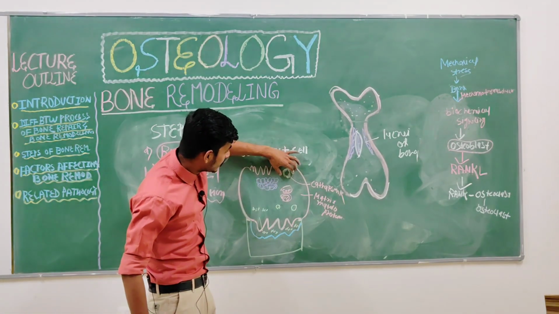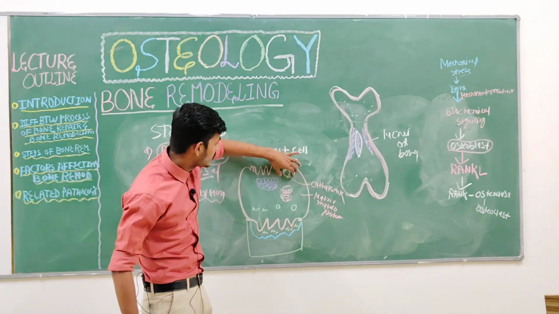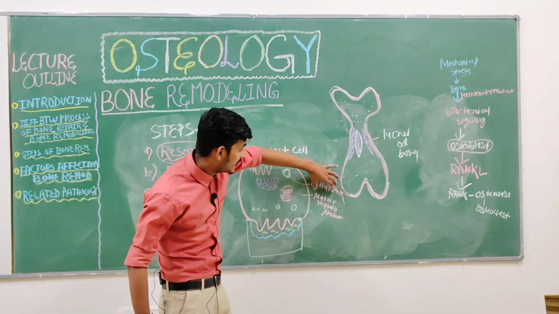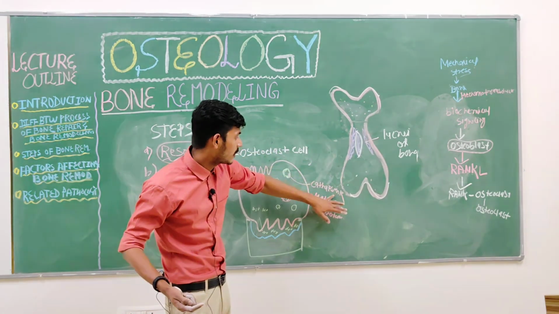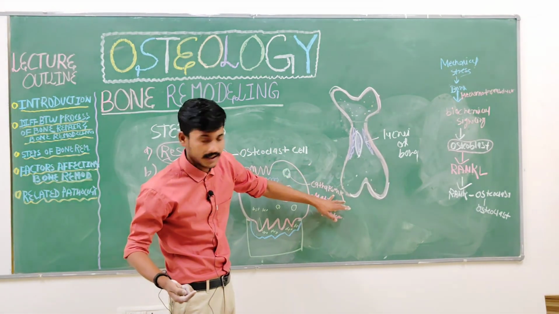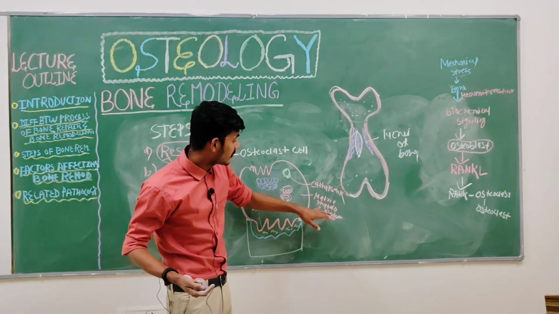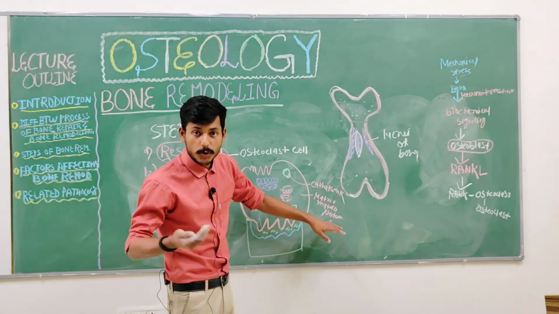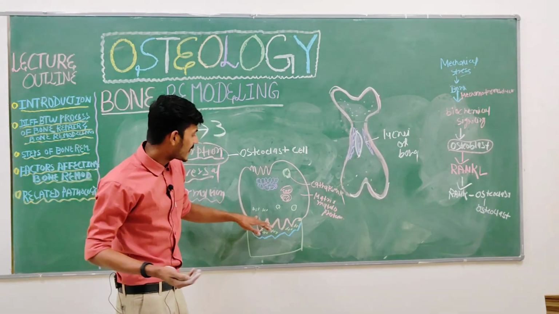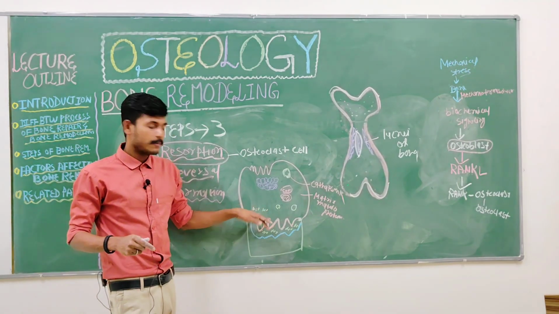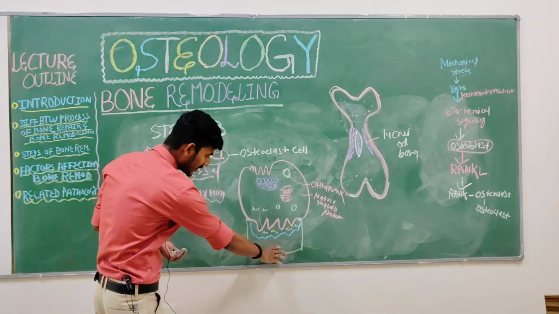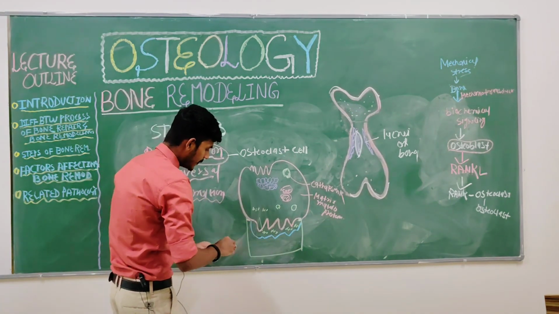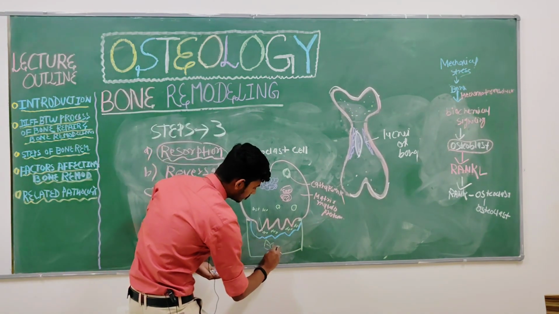They contain lysosomes, which secrete protein digesting enzymes, or we can say proteases. One beautiful example is cathepsin K. They also secrete some matrix metalloproteases, and they secrete hydrogen ions. Basically they are creating an acidic environment in the damaged part of the bone.